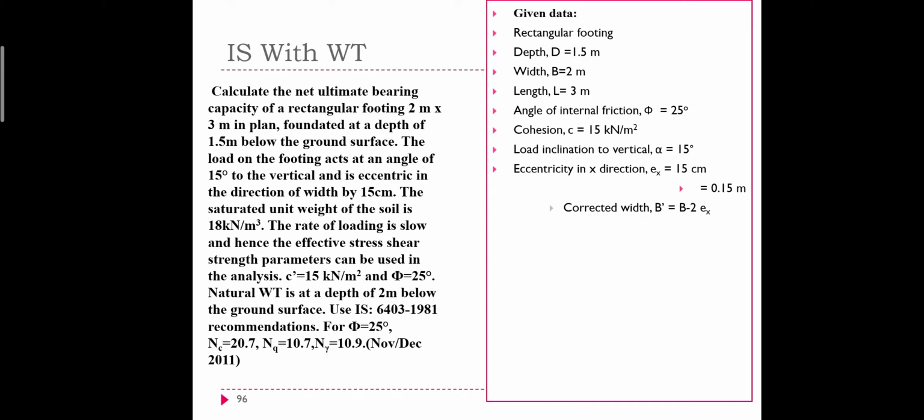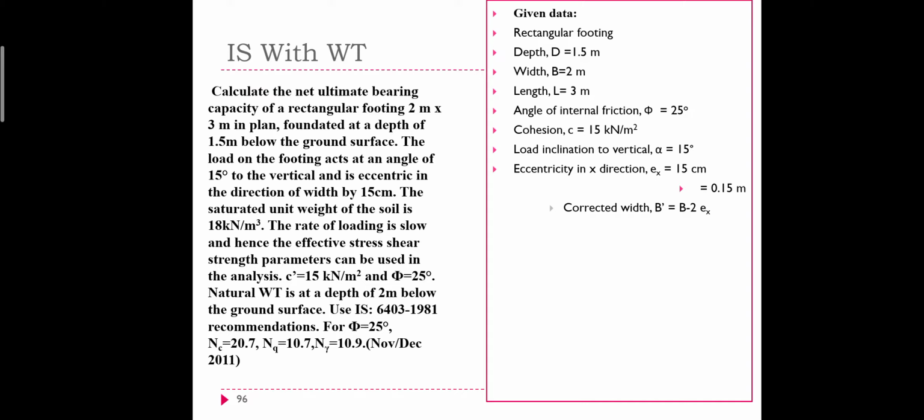Since the eccentricity is acting in the width direction, we get a corrected width, that is B dash is equal to B minus 2 times the eccentricity. Sometimes if the eccentricity is acting in the length direction, then you will write L dash is equal to L minus 2ex.